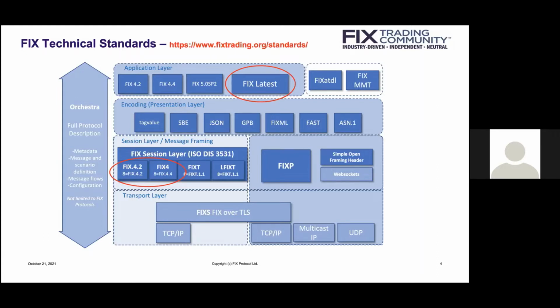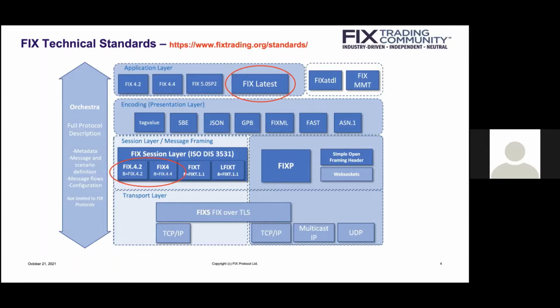And we have called the different flavors of the FIX session layer session profiles. And the session profiles are then documented in the begin string, or as they have a corresponding value in begin string, to be exact. So the profile names are FIX.4.2, FIX.4.4, FIXT, and LFIXT, which is lightweight FIXT, which is lacking the retransmission capability.